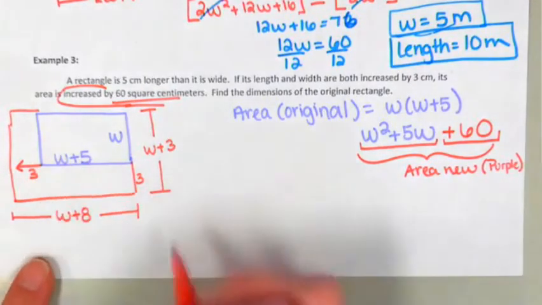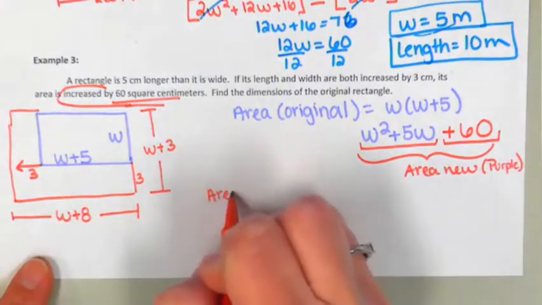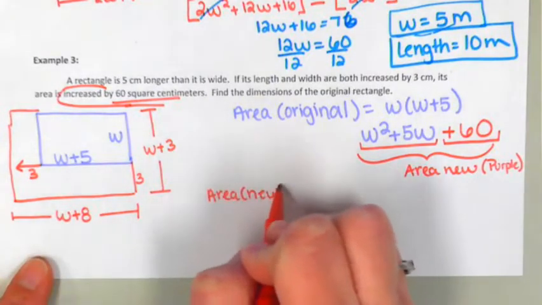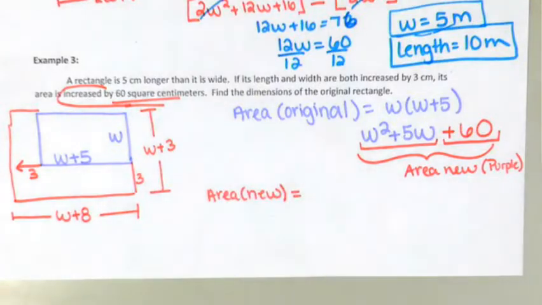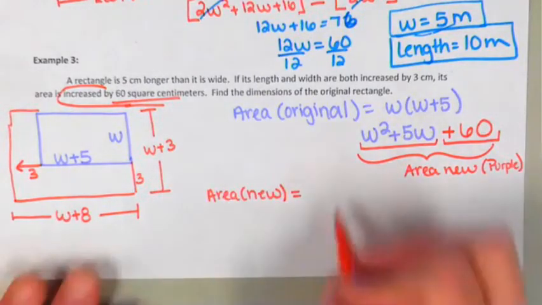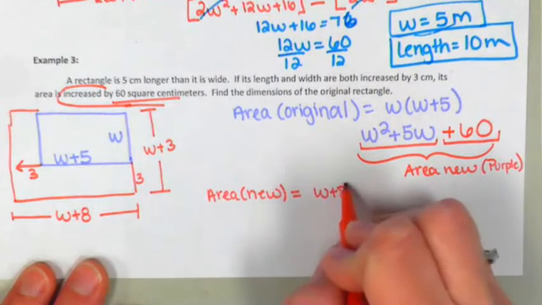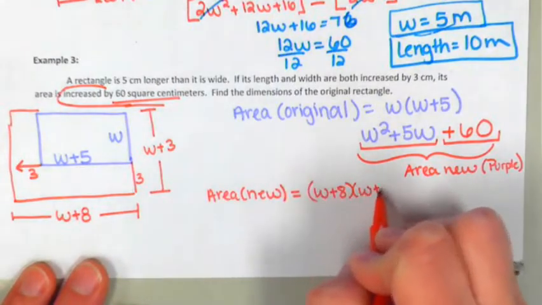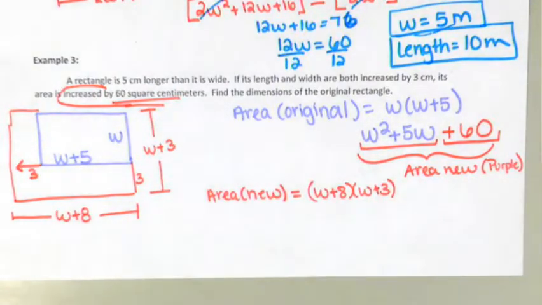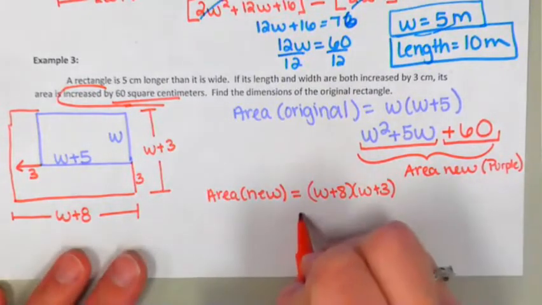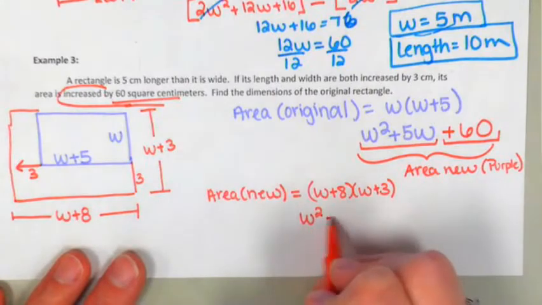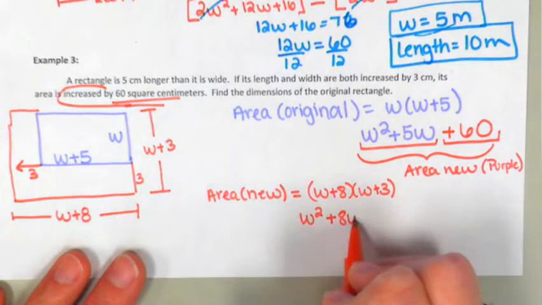Now, to find the actual area of my new one, which is the red one, what is my length, my width? W plus 8 times W plus 3. Could I find the area of that? Yeah, and what's the area of this one? W squared plus 8W plus 3W.